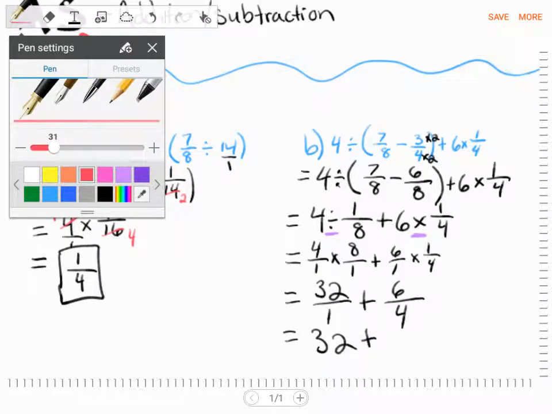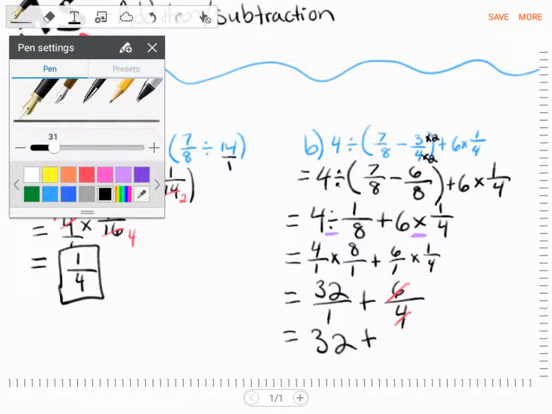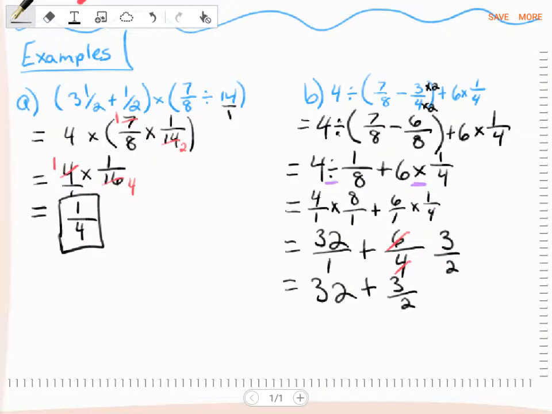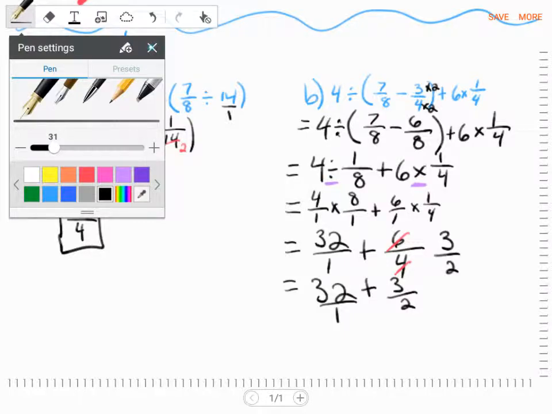You can reduce. 2 goes into both of them. So you would end up with 3/2, which you can write over here. Alright, so your last thing is you've got to add these fractions. So think about 32 as the same thing as 32 over 1. Then you've got to multiply it and get a common denominator.